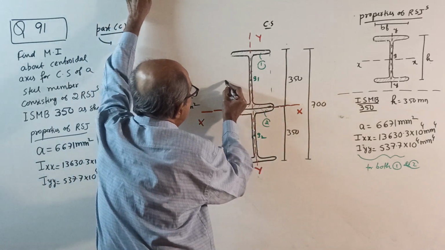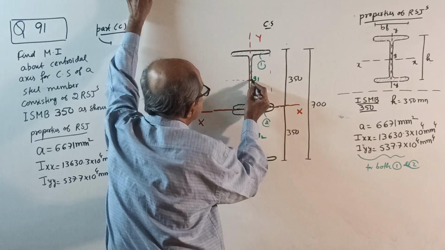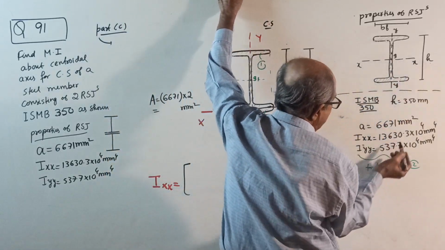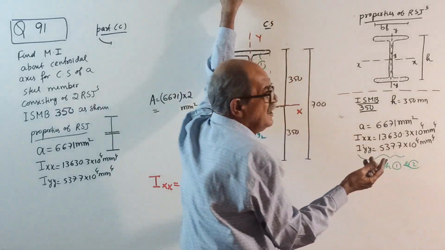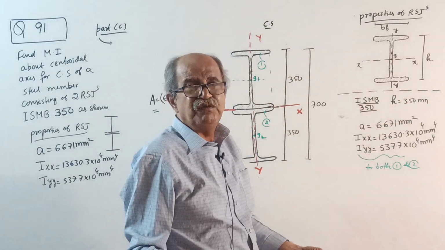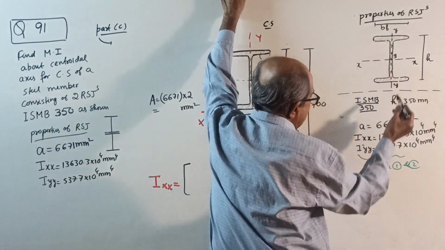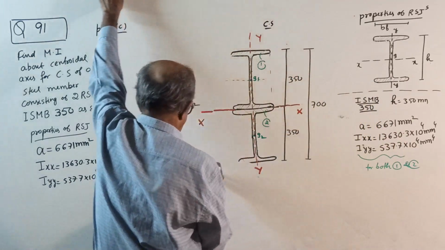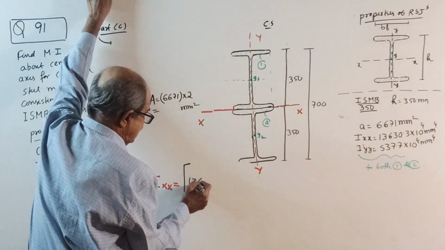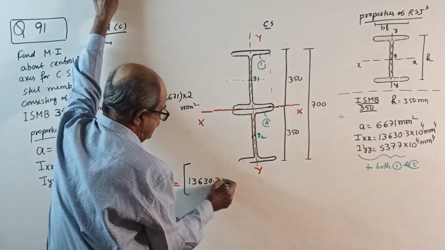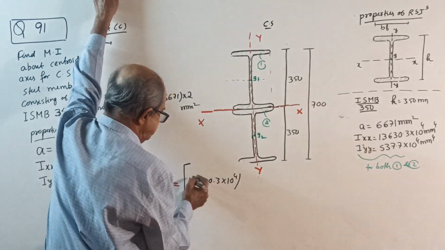I about its own centroidal axis first is 13630.3 × 10^4, that is Ig.